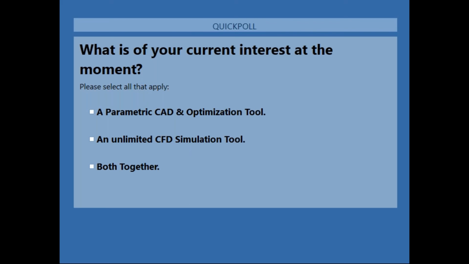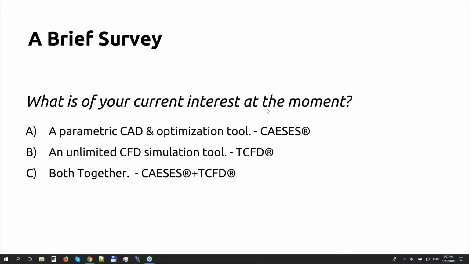So please pick your answers, and I will let the survey run for, let's say, 20 seconds more. I can see that 65% of you voted already, so I will let it run 10 more seconds, and then I will close this survey and I think I will be able to show you the results. So I think this is it now. I'm closing the survey.